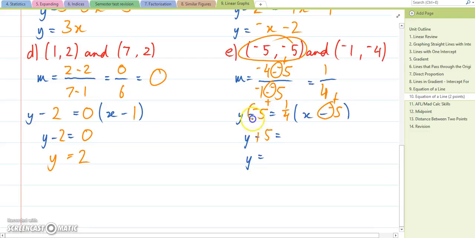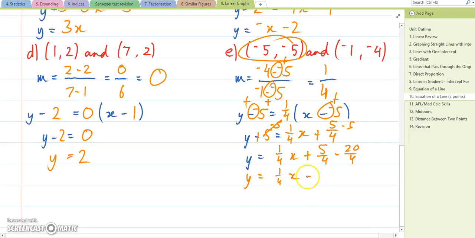This is going to become a plus as well. Expanding the brackets, subtracting 5 from both sides. That's the same as 20 over 4. So that's minus 15 over 4. Hopefully I've got that one right. I think I have, but just work through that one as well.